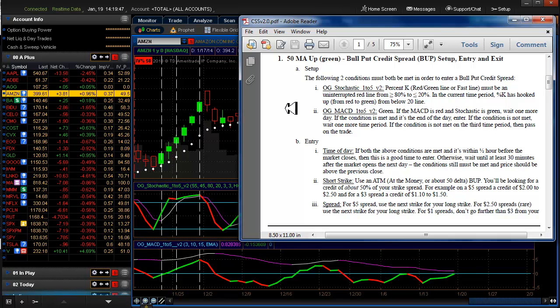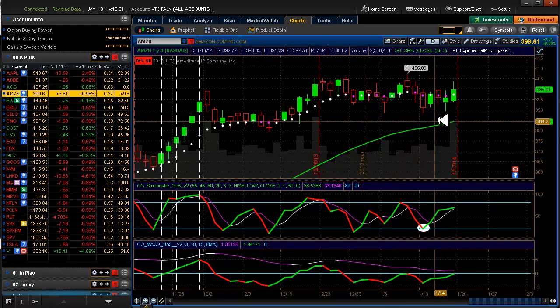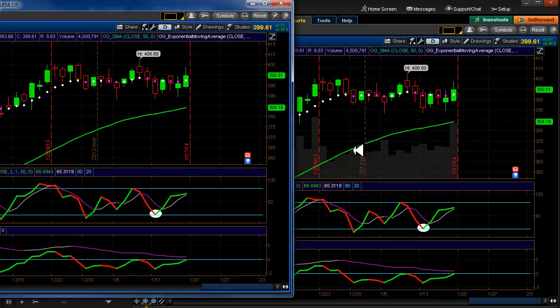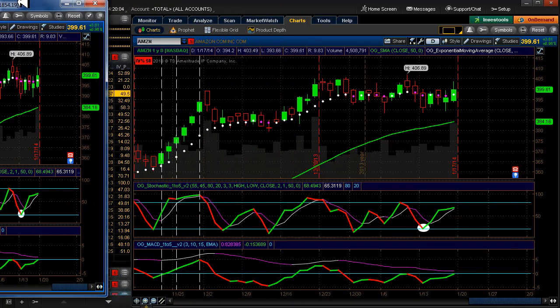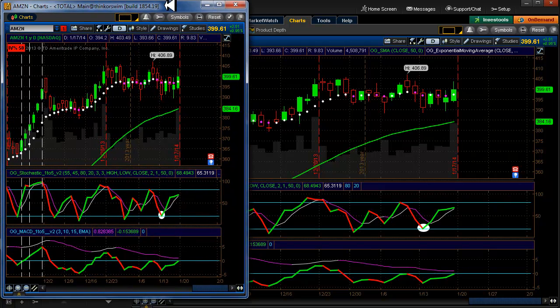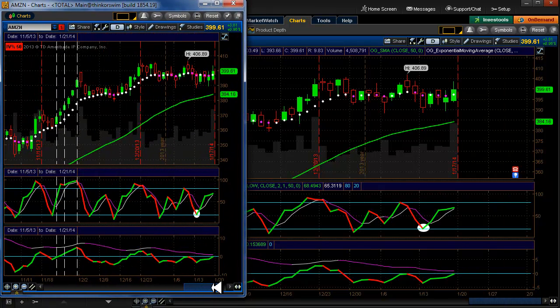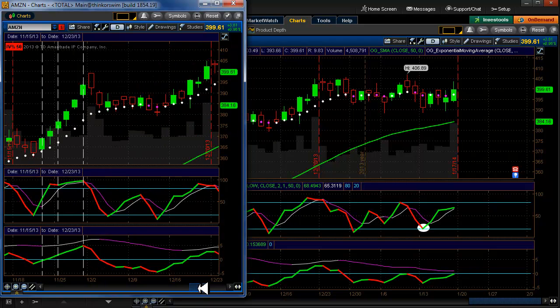Okay, so here's the rules. I'll start with our Amazon example. First thing I want to do is break this chart away and make it a separate window. So I just right click this icon up here and make it a separate window, and drag it over here so we can see it. Maybe we should increase the zoom level a little bit.